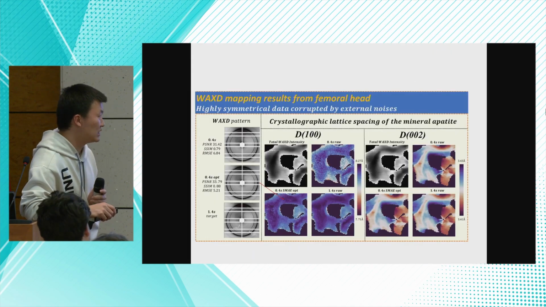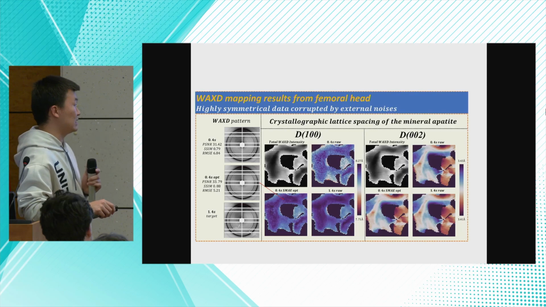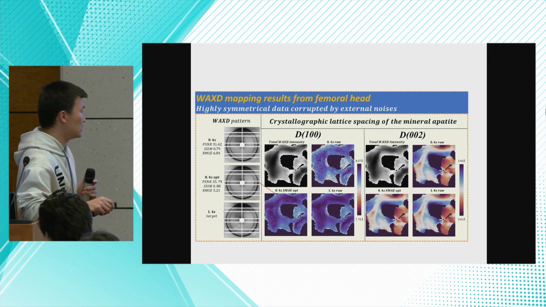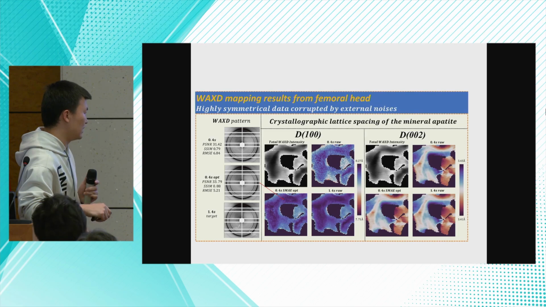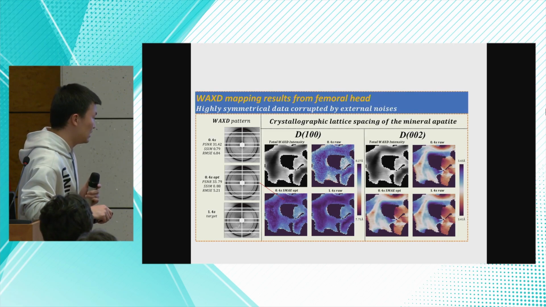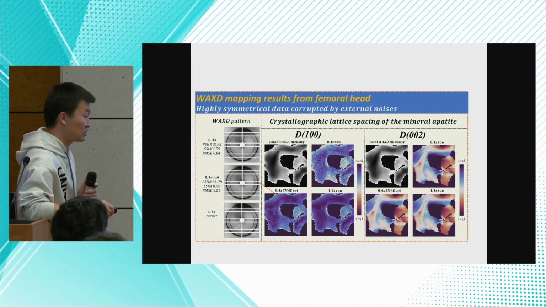We also did this with the WAXS data, and you can see that we did it for the 002 peak and the 100 peak. The 002 peak SNR is very high, and these three pictures show no differences, even numerically the difference is very small.